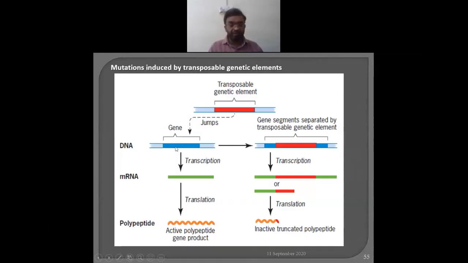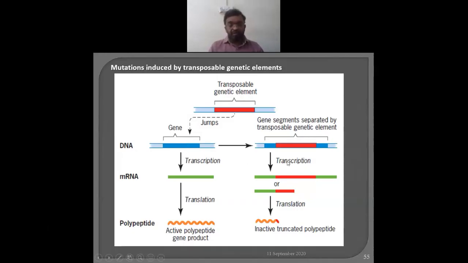Hypothetically, this is the beta galactosidase gene. From that, the mRNA is produced, and from that, the beta galactosidase. But suppose this also consists of the target sequence of the transposable element, then what happens? The transposable element now gets incorporated here.